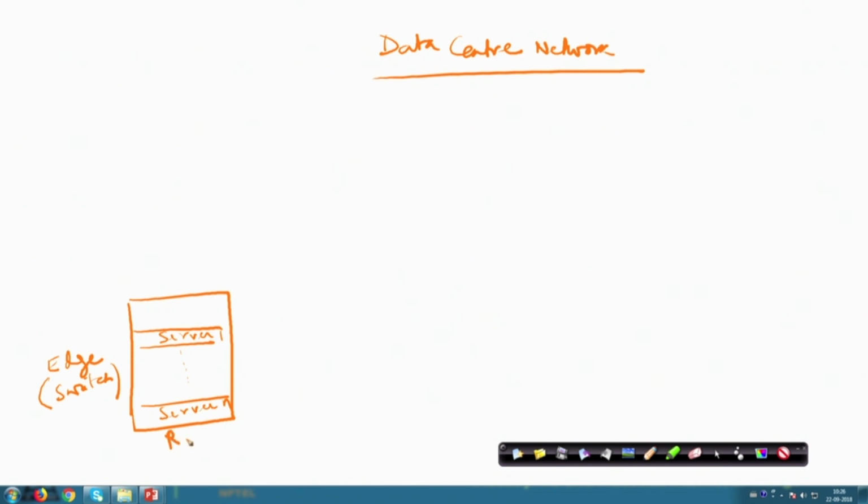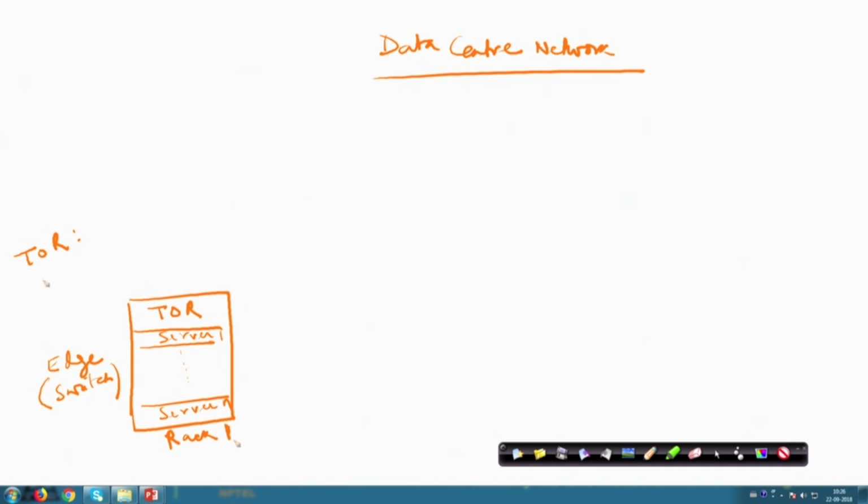This forms something known as a rack. So, let us say that this is rack 1. Every rack has something known as a TOR switch. It is basically a switch which will help these individual servers in a rack to be interconnected together, and it also has other management and maintenance capabilities.